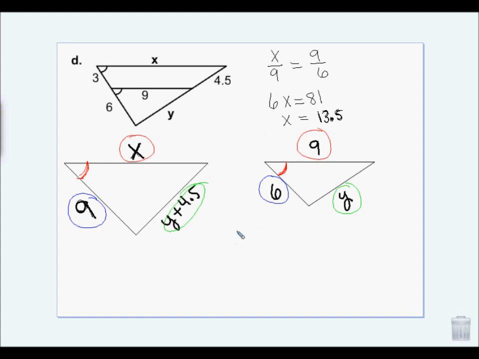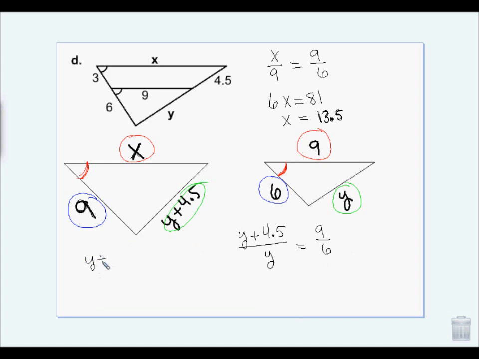Now for Y, do you want to do small over big or big over small? Just pick. Okay, we'll do big over small. So I have Y plus 4.5 over Y is equal to 9 over 6.